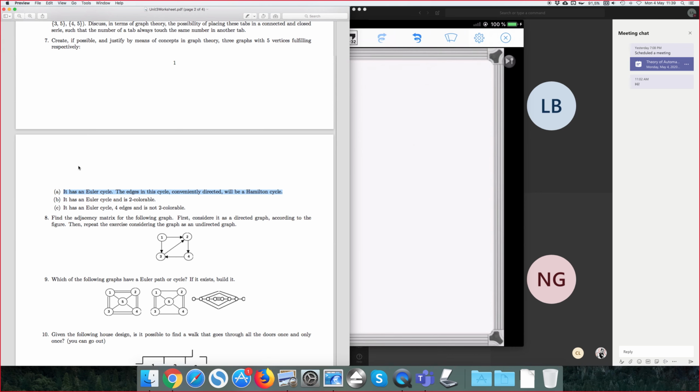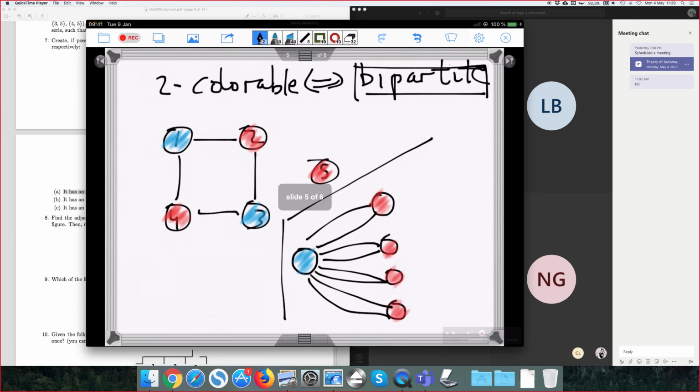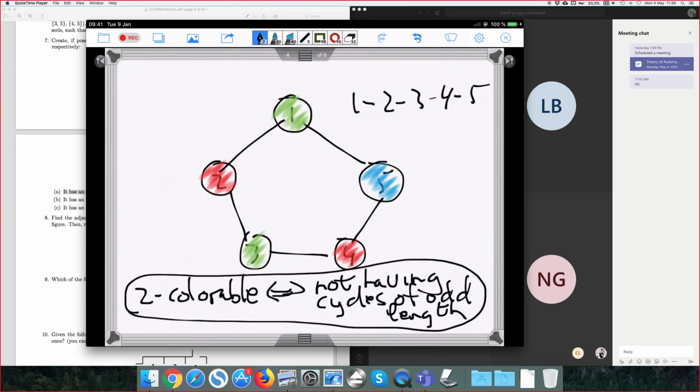So for this, I need to use again this result, sorry, this result here. The graph is two-colorable if and only if it does not have cycles of odd length. So if I have a graph that is not two-colorable, it must have a cycle of odd length.